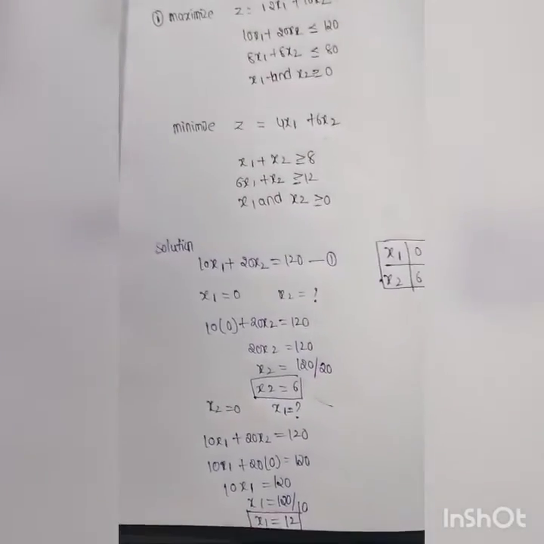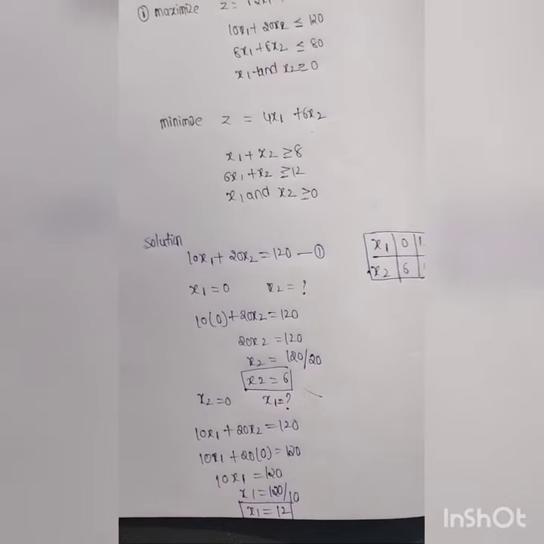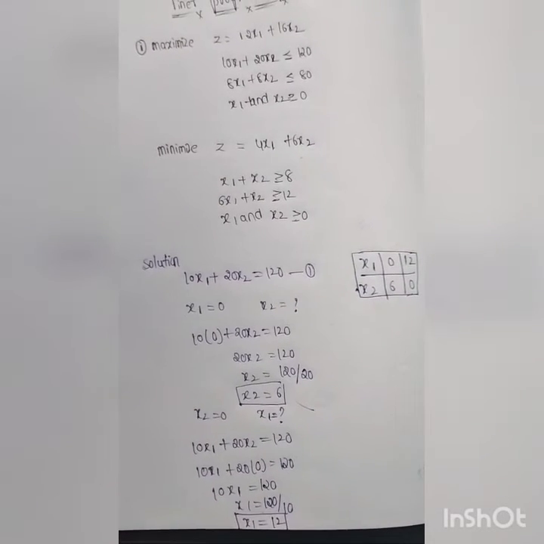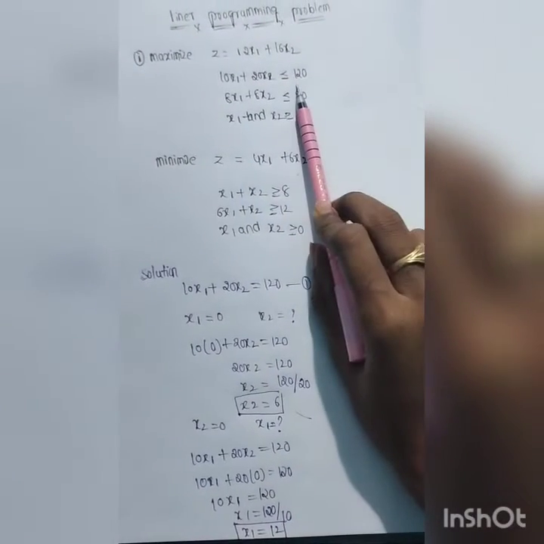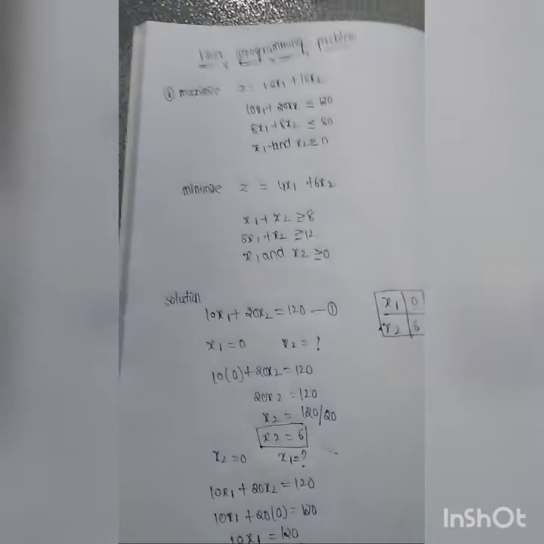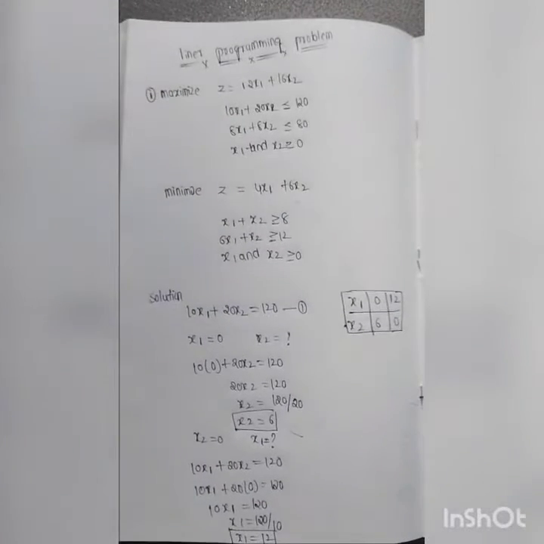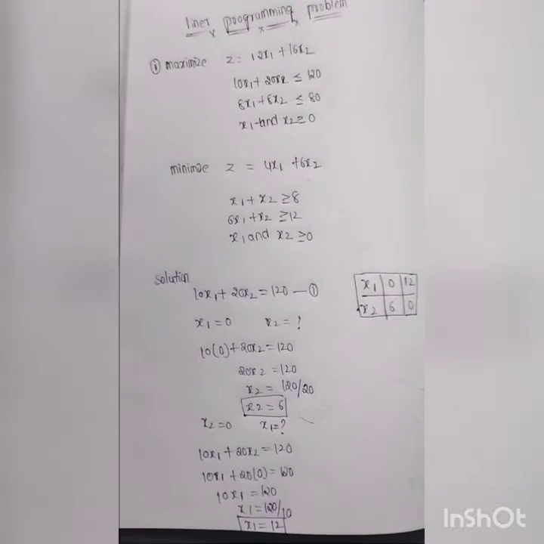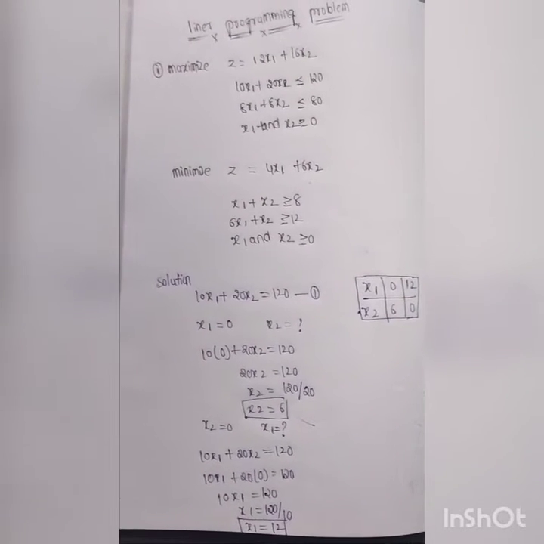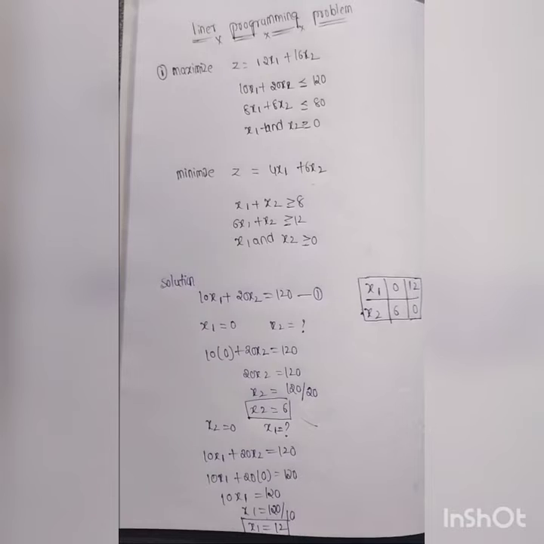First of all I will explain the solution. The first constraint 10x1 plus 20x2 less than or equals to 120, and the second constraint 8x1 plus 8x2 less than or equals to 80.